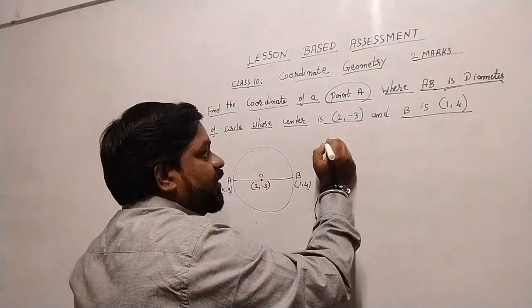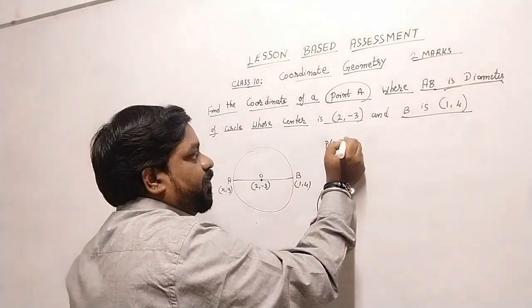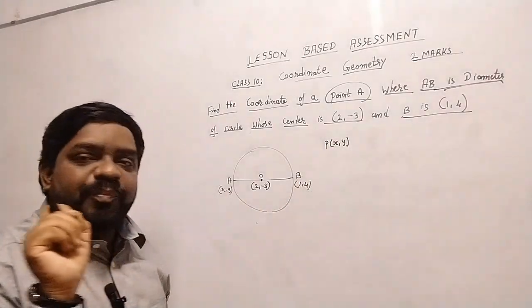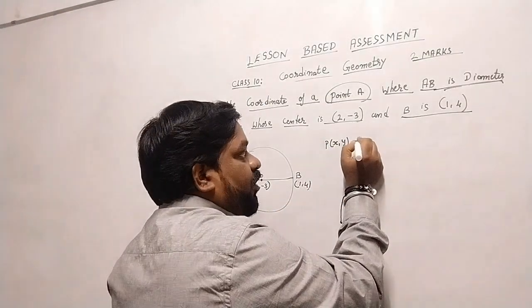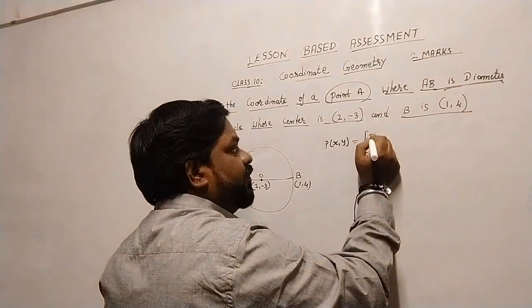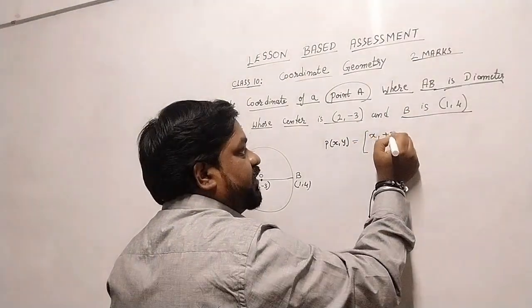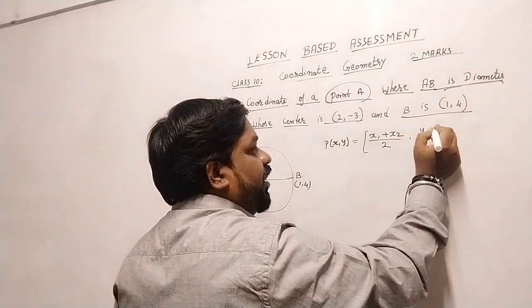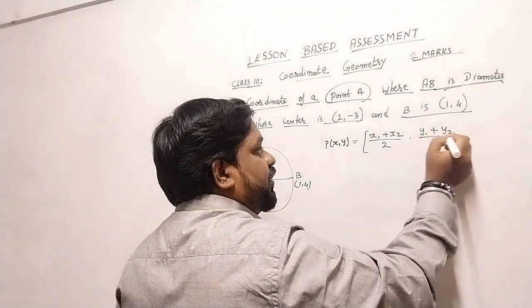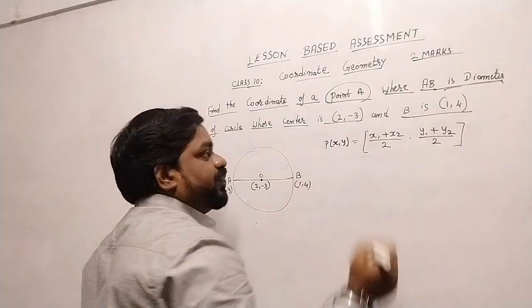Now we have to write the midpoint formula. Remember, O is the midpoint of the line segment AB. So P of x comma y is equal to x1 plus x2 divided by 2 comma y1 plus y2 divided by 2.